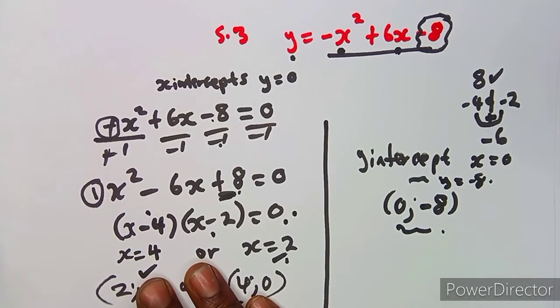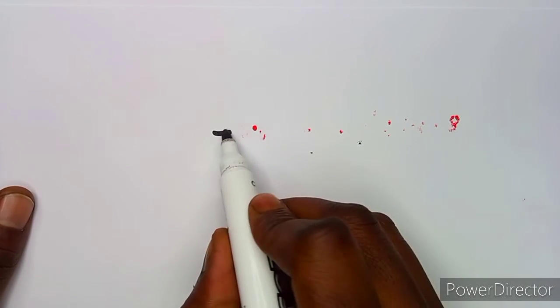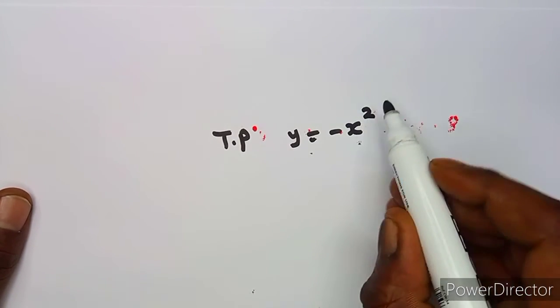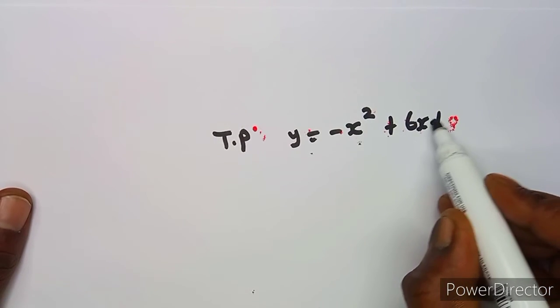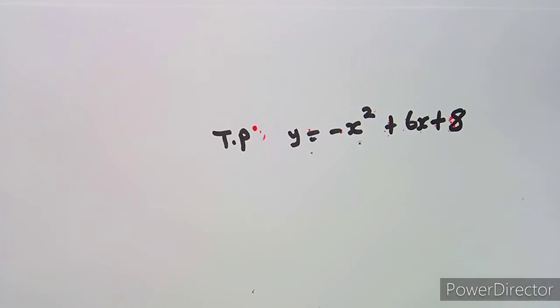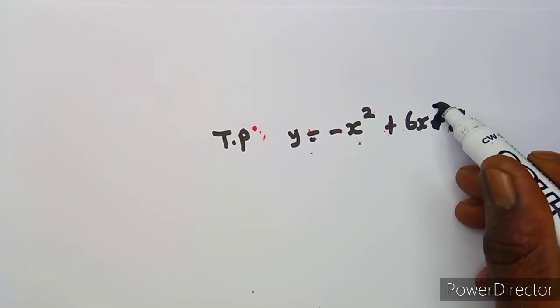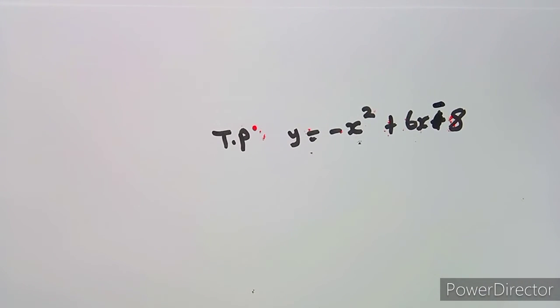So for the turning points, you have got two options to find the turning point, because it's a quadratic function, so there's one turning point. So like I said, we have got two options to determine that. This is minus there, sorry. Which of these options can we use?